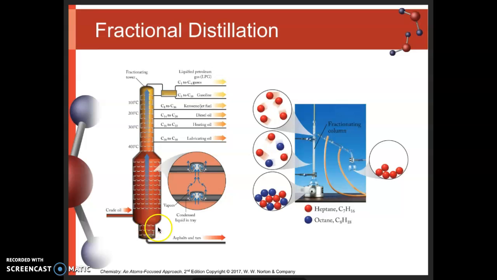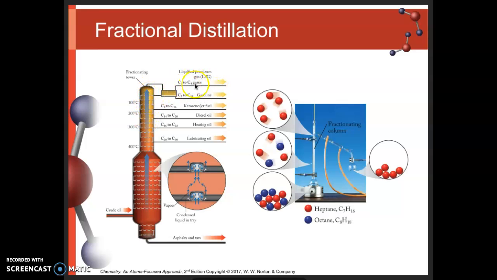This is actually a crude oil distillation tower. The crude oil is pumped in and heated, and the fractioning tower heats at different temperatures along the way. Near the top of the tower, the temperatures are not nearly as high, so the things that are the most volatile will go there.